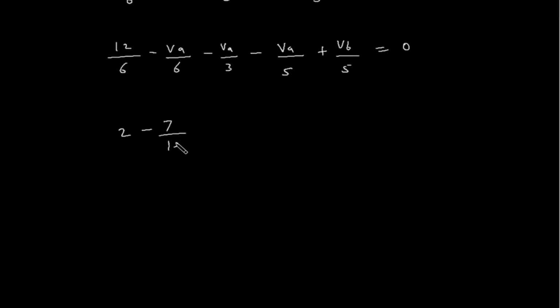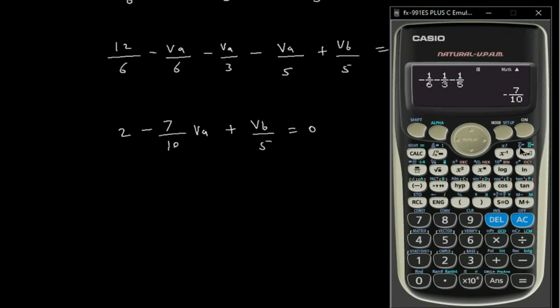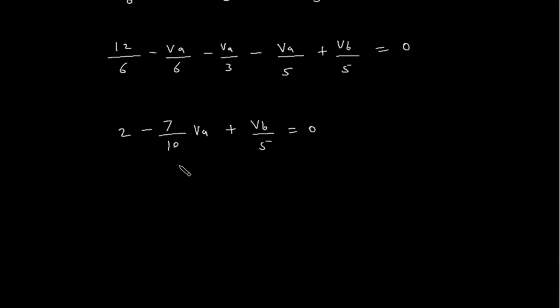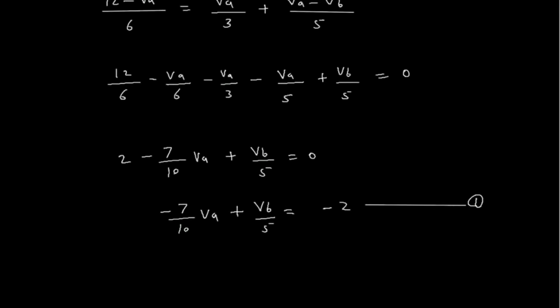So minus 7 by 10 VA plus VB by 5 is equal to 0. So this will be minus 7 by 10 VA plus VB by 5 is equal to minus 2. Let's say this is equation number 1.